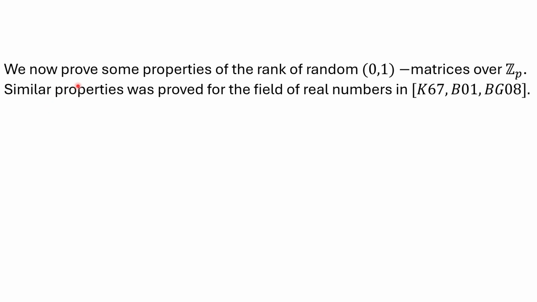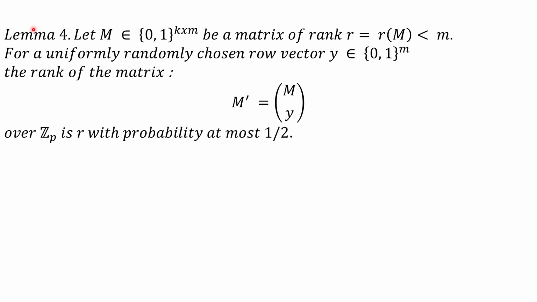We now prove some properties of the rank of random 0-1 matrices over Zp. Similar properties were proved for the field of real numbers in previous work. Lemma 4. Let M be a matrix of size k by m of rank R, where R is less than m. For a uniformly randomly chosen row vector y, the rank of the matrix M tag, which is the matrix M and the row y, over Zp is R with probability at most half.